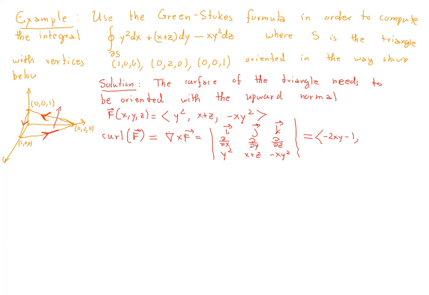And since it's the second component, we will make it y squared. And in the third component, you will have 1 minus 2y. So that's the curl.